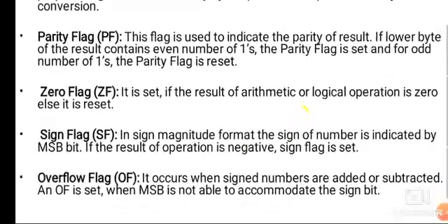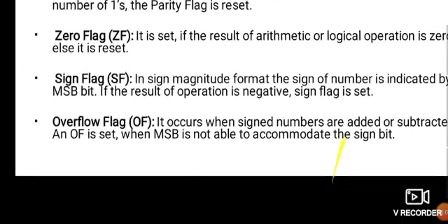Coming to the sign flag, the first bit of the byte or word is assigned as the sign bit, that is the MSB. If the result of the operation is negative, the sign flag will be set. Overflow flag occurs when signed numbers are added or subtracted. Suppose you are not able to accommodate the sign bit in the MSB, then this flag will be set.